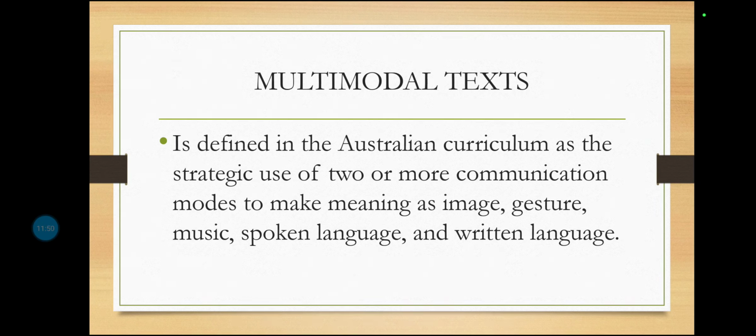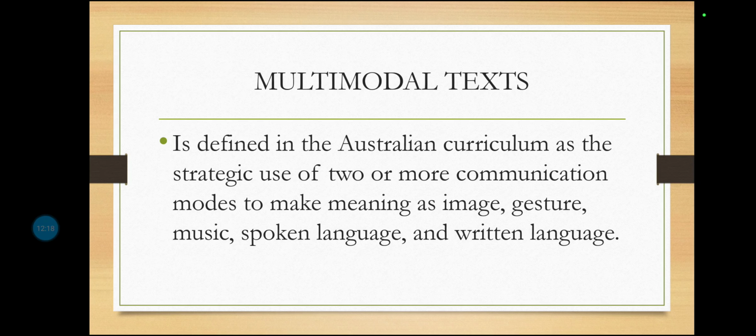So from slide presentations, because it makes use of images, and there could also be music. And then written language, we have also ebooks, blogs, e-posters, web pages, and social media through to animation, film, and video games.